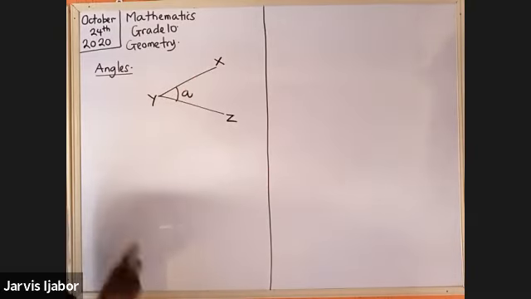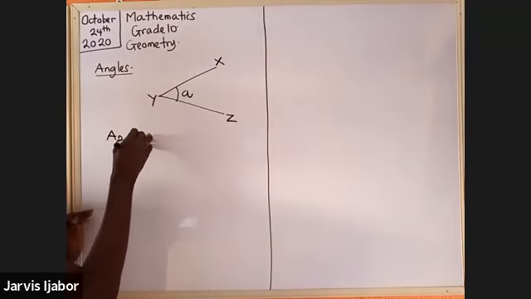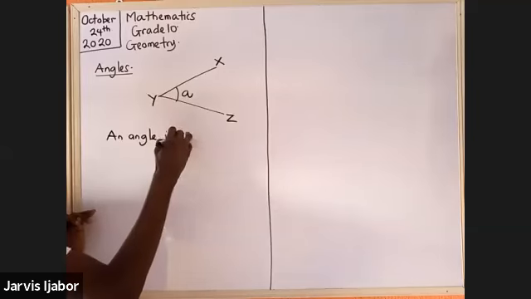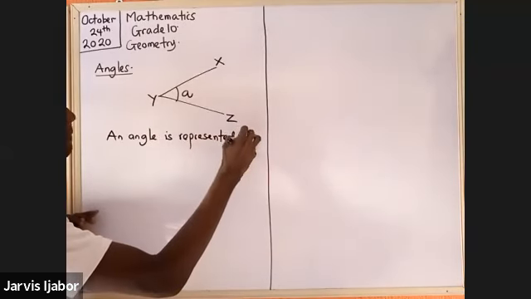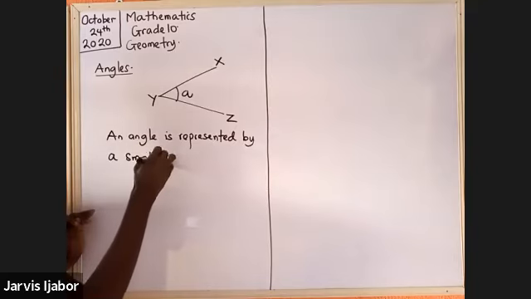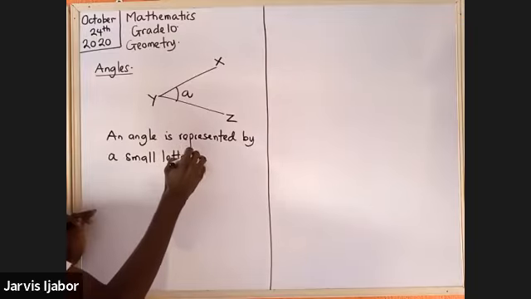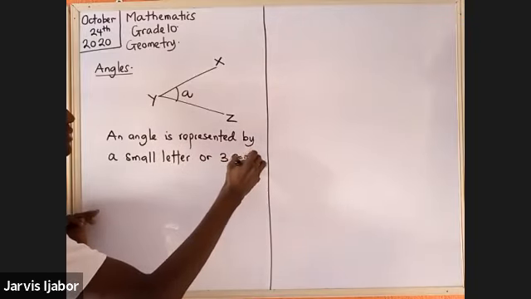X, Y, Z is an angle. Now, what you will notice is that an angle is represented by a small letter or three capital letters.